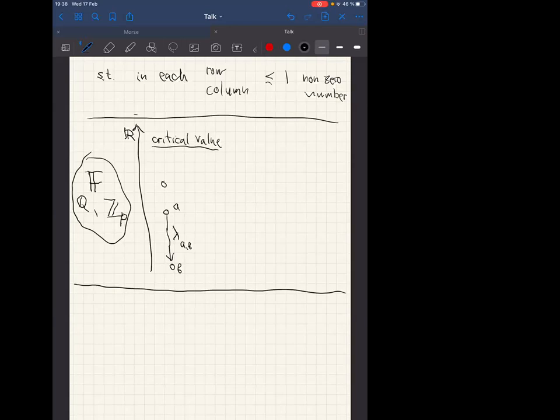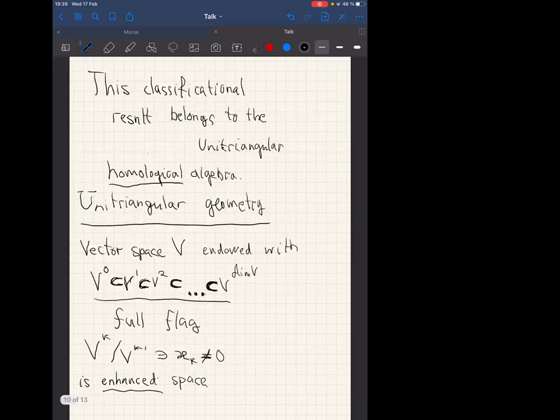Okay, so that's a theorem of last year. This classification result belongs to unitriangular homological algebra, and it is based on unitriangular geometry of some spaces with an action of the unitriangular group.